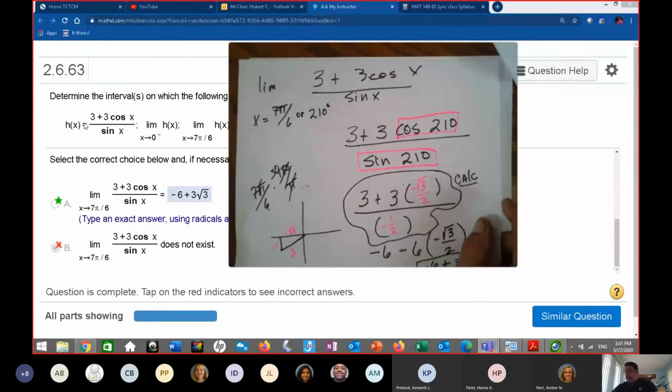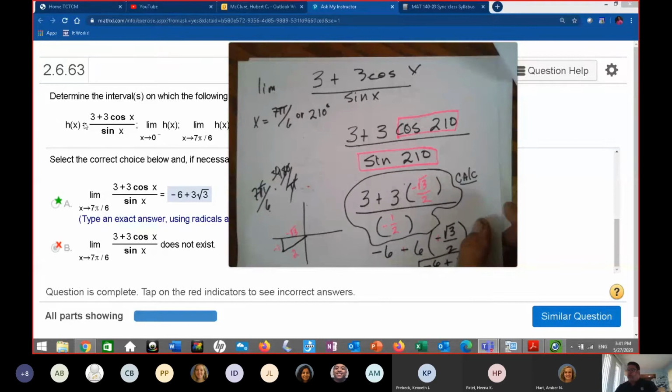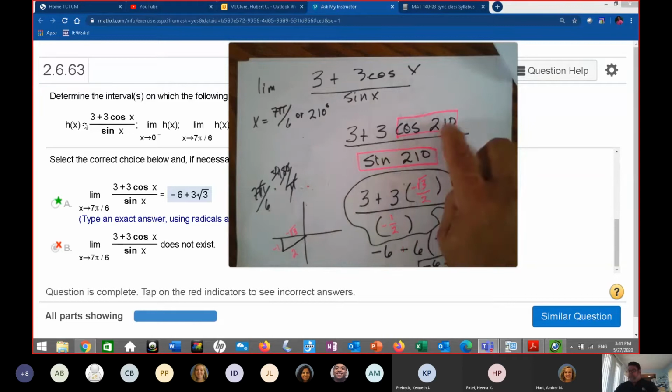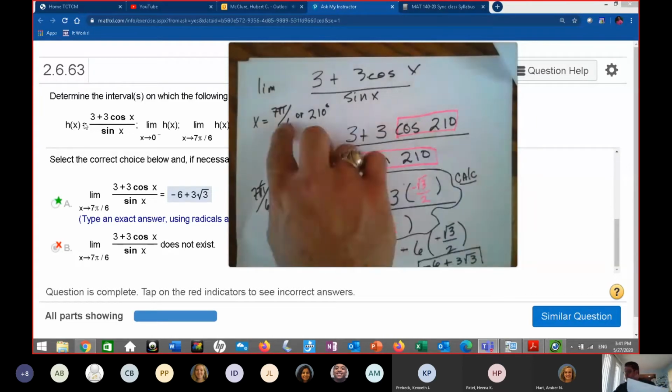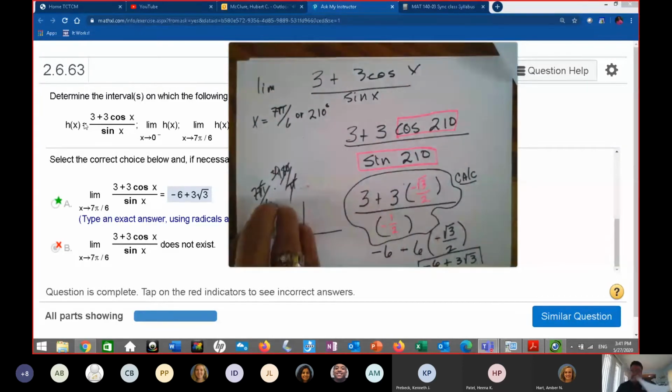The only time you would ever rationalize is when it's in the denominator, really, unless you're dealing with a limit. And at this point, you're not dealing with a limit because I've already plugged in the limit. Okay? Does that help? Okay.